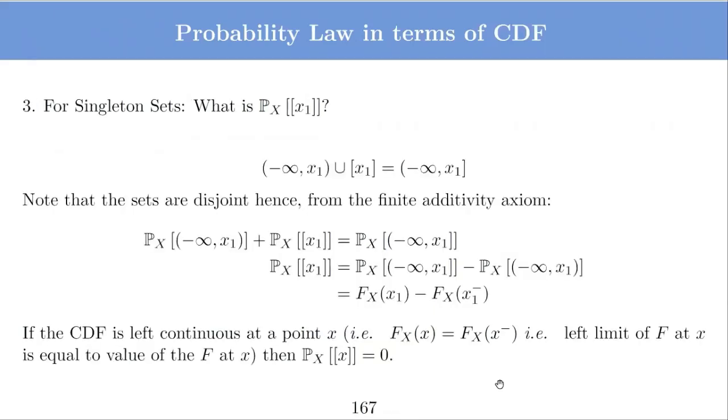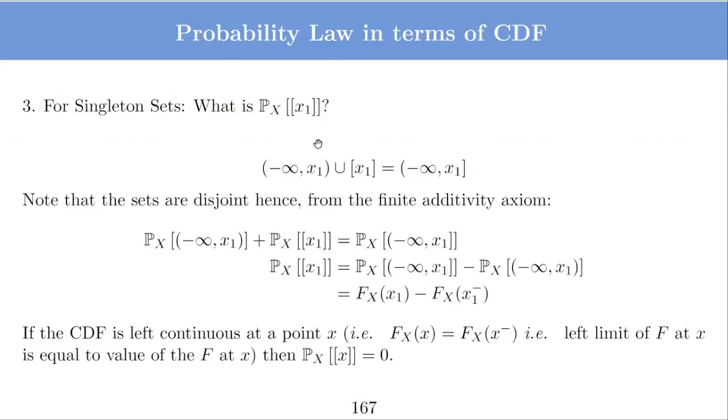Now let's see how to calculate the probability law on singleton sets. So once we have computed the probability law on this closed set and this open set, it's rather easy to calculate it for the singleton set by noting that if you add the singleton element x1 to this open interval, you will get minus infinity comma x1, the semi-closed interval, right?